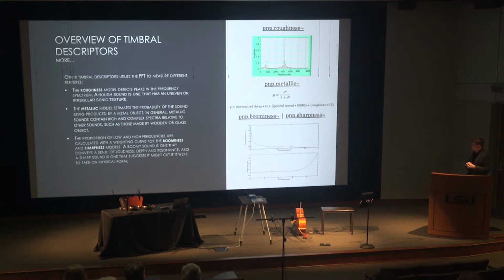For boominess and sharpness, you can kind of think of these as opposites. Boominess detects the proportion of low frequencies as opposed to high frequencies, and sharpness does the opposite. For these two, we also do time to frequency domain conversion, and we add up all of the bins within a frame, and then we multiply by a weighting curve.